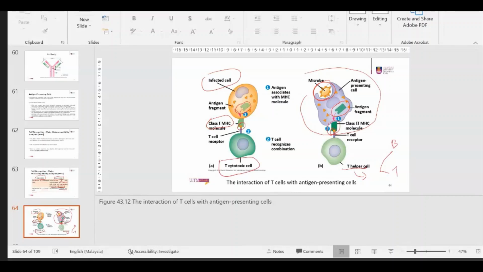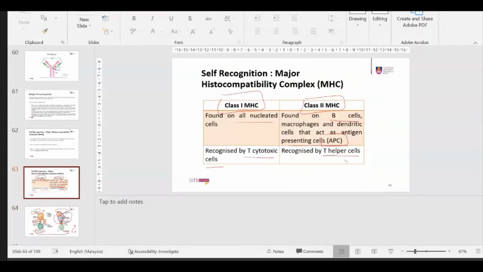Once there is interaction between the infected body cell and cytotoxic T cell, it secretes perforin and granzyme, causing the infected body cell to undergo apoptosis, programmed cell death, and be destroyed. So that is the difference between class 1 and class 2. You can refer to this slide.